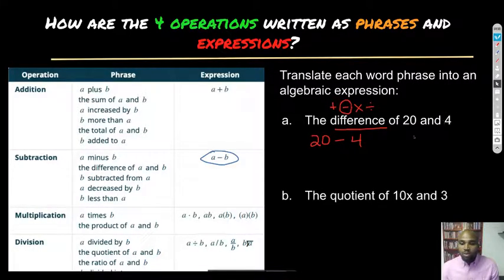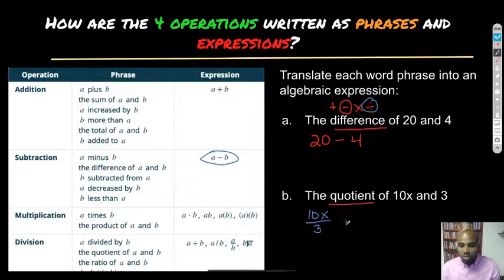So what about this one? The quotient of 10x and 3. Quotient is going to be talking about our division. Quotient is the answer you get when you divide two numbers. So that's really 10x divided by 3.